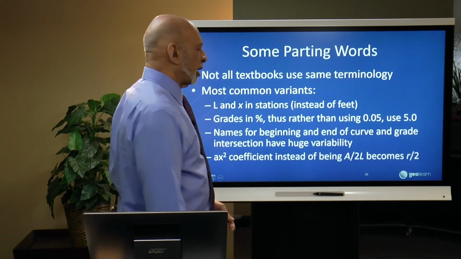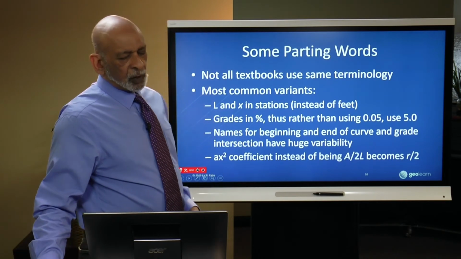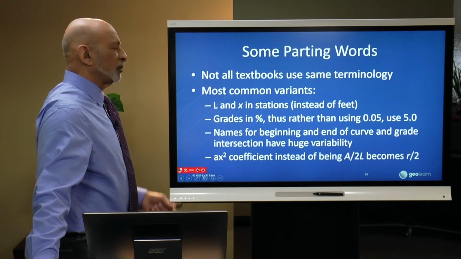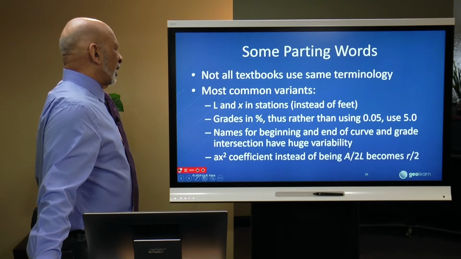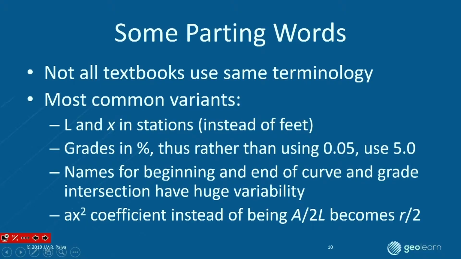All right, so some parting words before we go away. Not all textbooks use the same terminology. I've said this over and over again with other topics here in this course, but in vertical curves, one of the variations is that L, the distance L, and X, rather than being in feet, will be in stations.